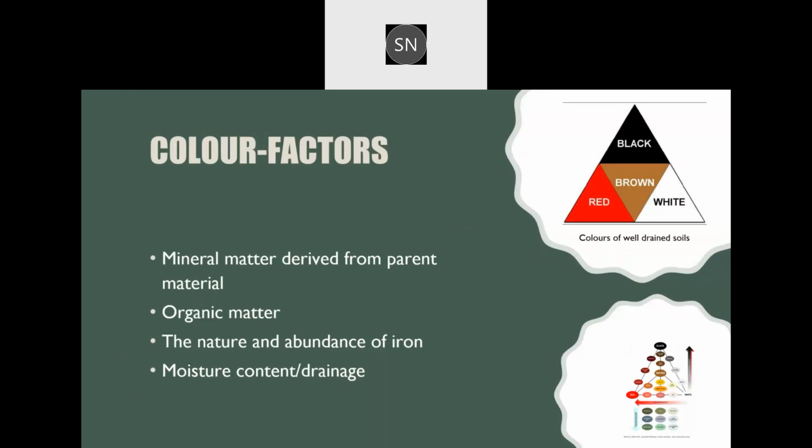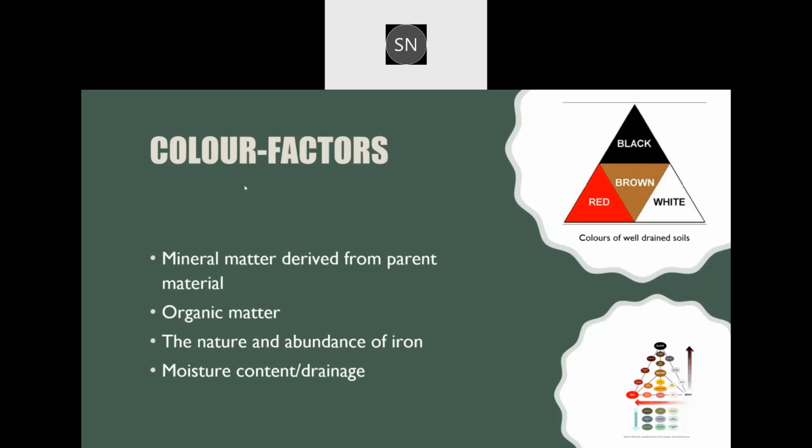So why do we have different colors of soil? It's because of the mineral matter, the parent materials, organic matter, the nature and abundance of ions, if a lot of ions are present in the soil it will be gray or reddish in color, and moisture content and drainage. These are the contributing factors of different soil colors.